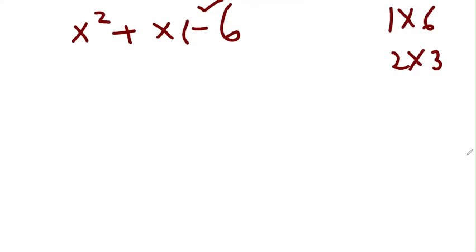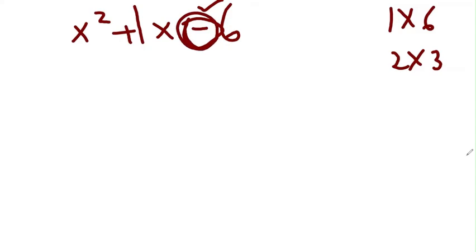Okay, now this is the sign which will play the role. By subtracting the two factors, you have to get the middle term. What is the middle term? Middle term is 1. Only x means 1x. Okay, I'm repeating it. This negative sign will play the role here.